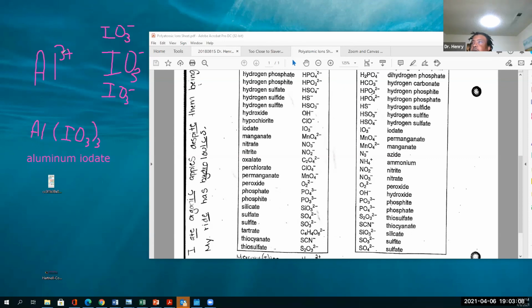There's one more thing I want to go over real quick, and it's called hydrates. Hydrates are basically compounds that have water associated with them to either help them dissolve or help them stabilize. The way we would name these, you keep the same name, aluminum iodate, and then you get a chance to use your Greek prefixes.